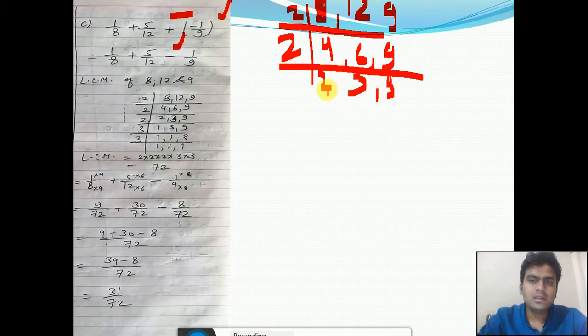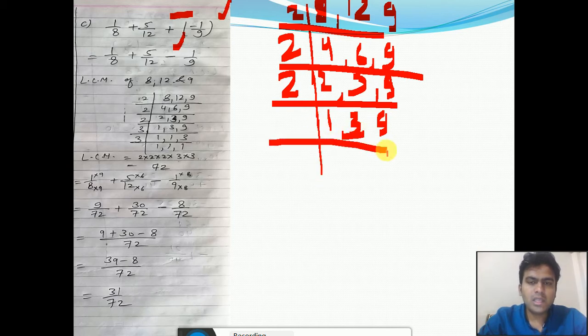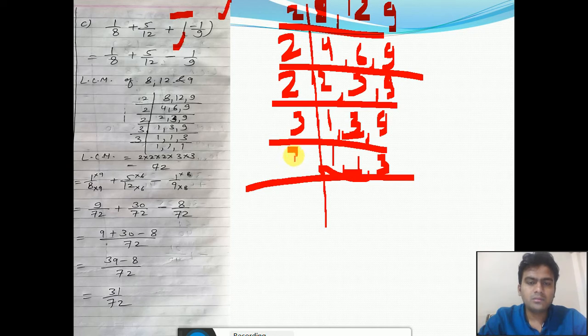Now we can divide 2 by 2, 2 1s are 2, and 3 and 9 we write as they are. Next we can divide 3 and 9 by 3. 3 1s are 3, 3 3s are 9, and the others as they are. Now 3 is left, so 3 1s are 3.